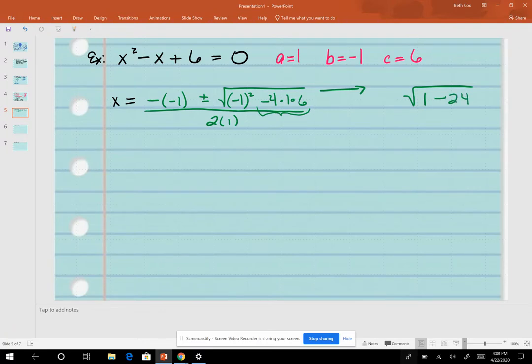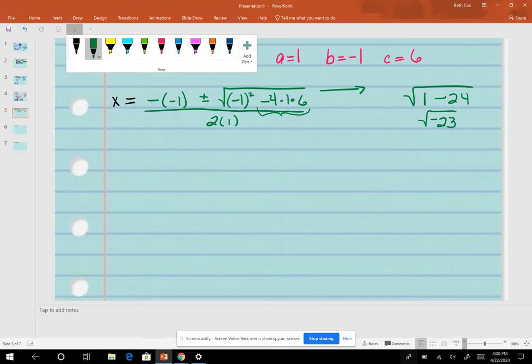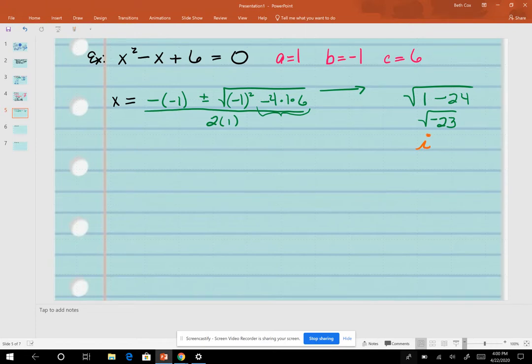Okay, and so that's going to give me the square root of -23. So I need to simplify this, and don't forget that when we simplify negatives, we end up with an i. We're going to have an i times the square root of 23. 23 doesn't break, and so that's that radical simplified all the way.